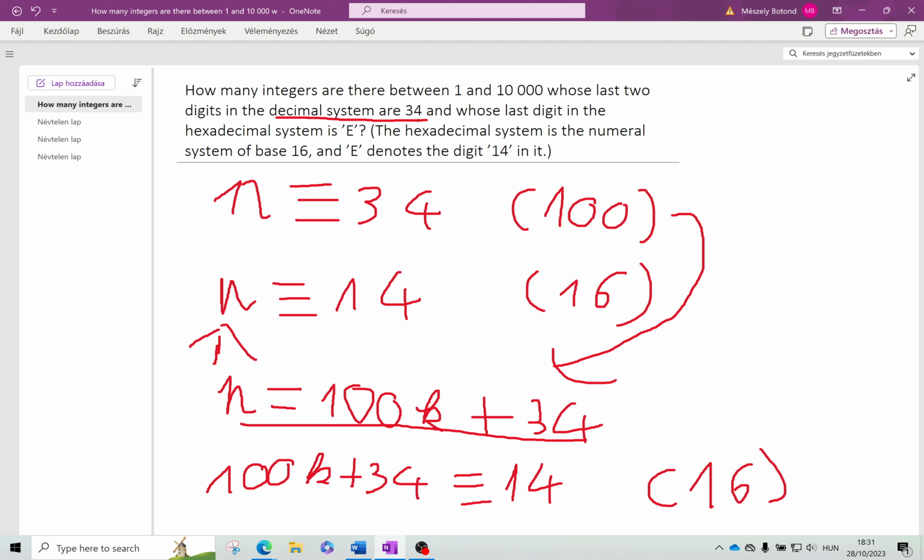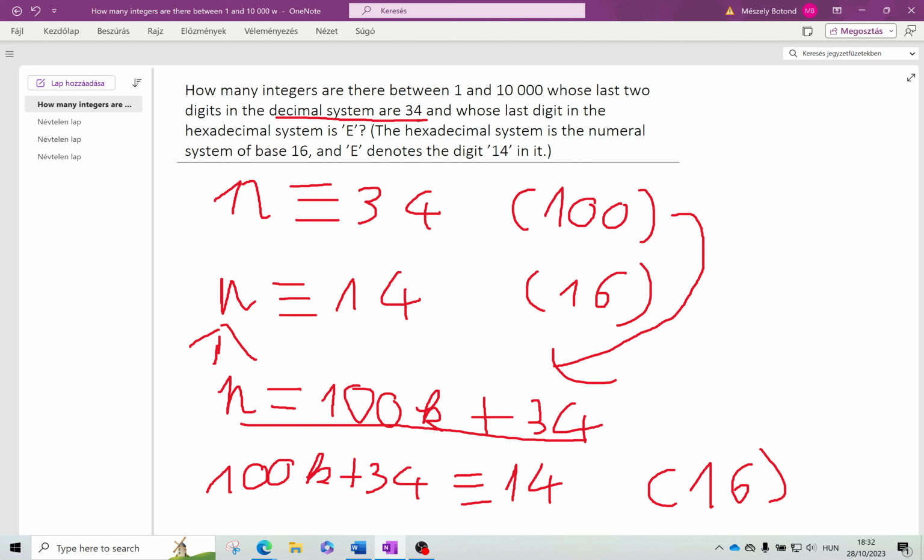To find that, we have to use modulus 100, because when you divide a number by 100, the remainder will always be the last two digits, because the other part is always divisible, and the last two digits will be the remainder of this division.